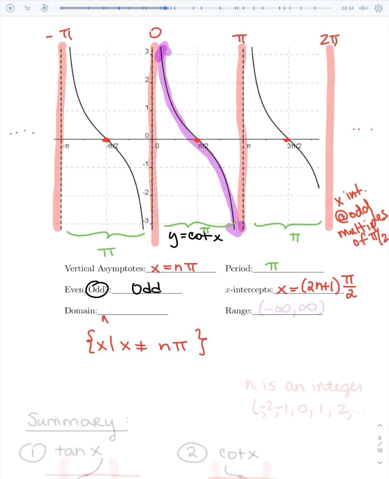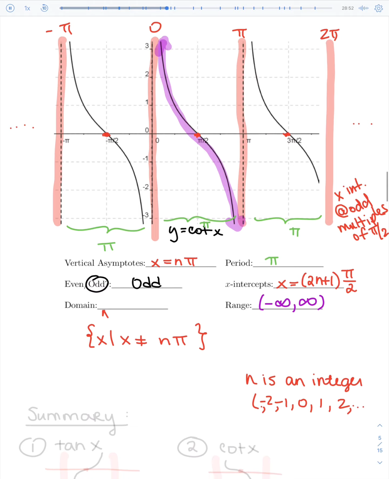So just like the tangent graphs, the range is going to be negative infinity to positive infinity. And again, I am going to make a little comment just as a reminder that n is an integer, meaning it can be positive, negative whole numbers, or 0. So things like -1, 0, 1, 2, -2, and it keeps on going forever.